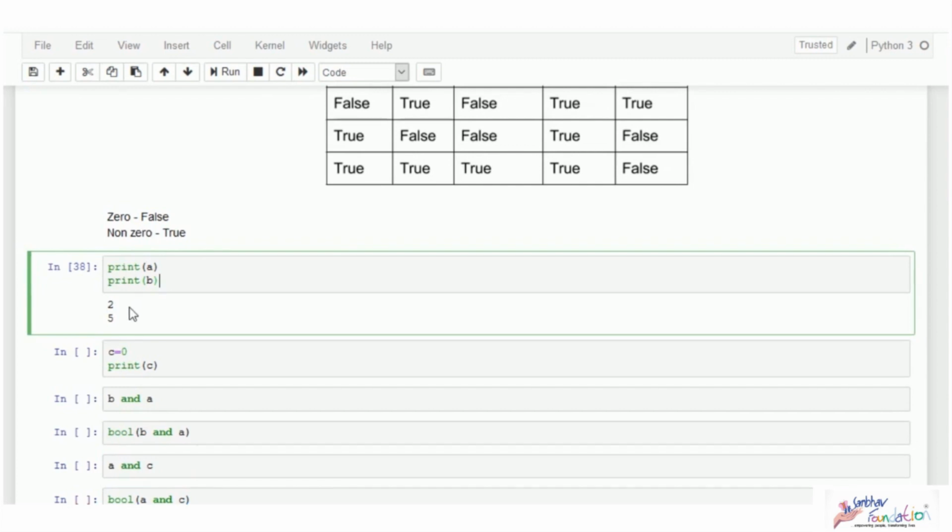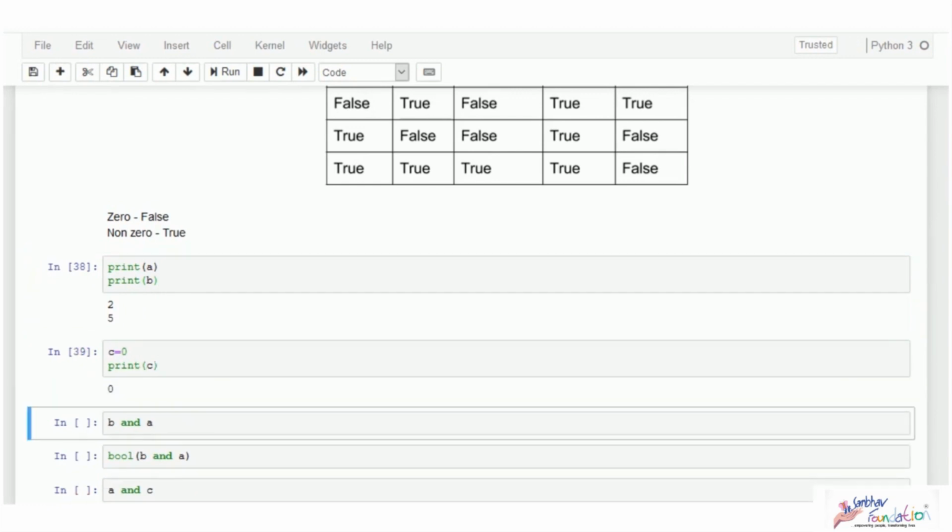So both are non-zero. So to demonstrate the various logical expressions, I am declaring a new variable C, which is 0. So we have non-zero numbers A and B and a zero number C. I told you that any non-zero number stands for true and 0 stands for false. So A and B can be considered as true values and C can be considered as a false value.